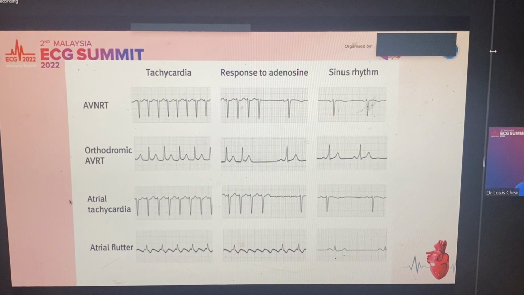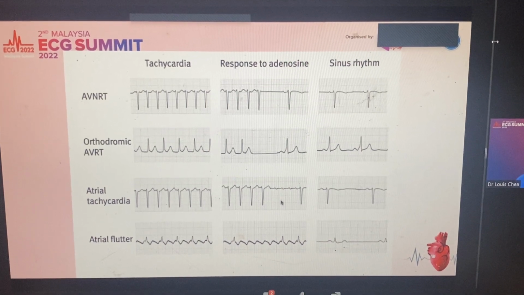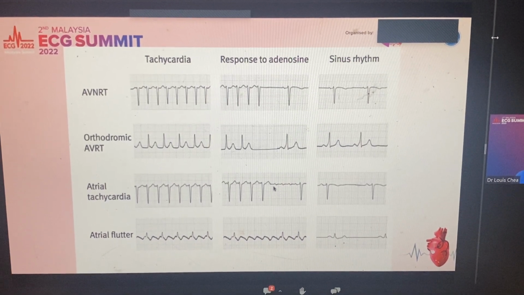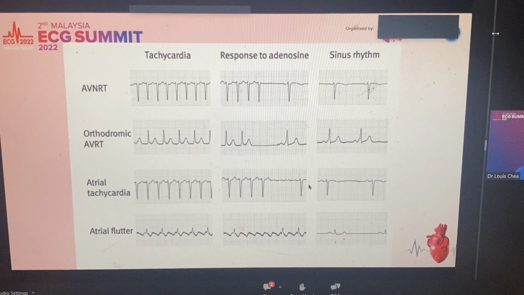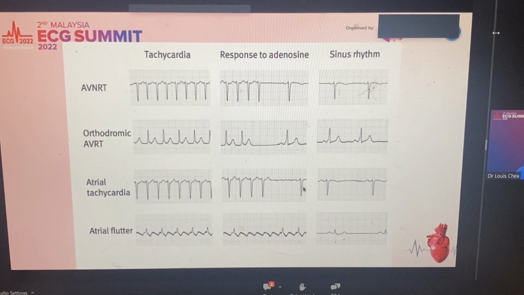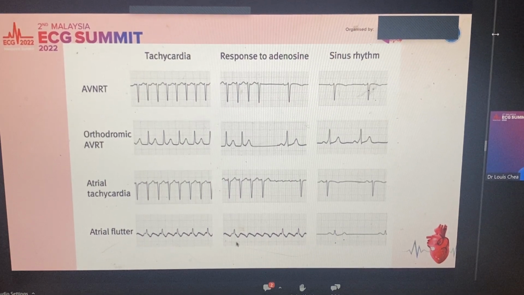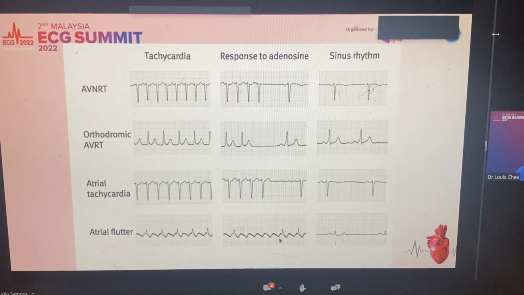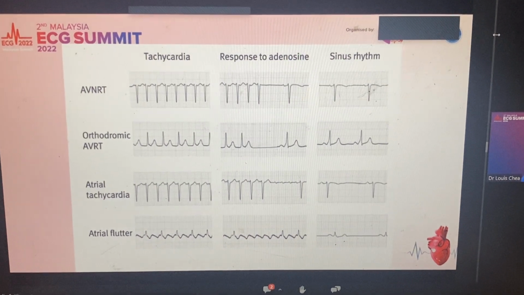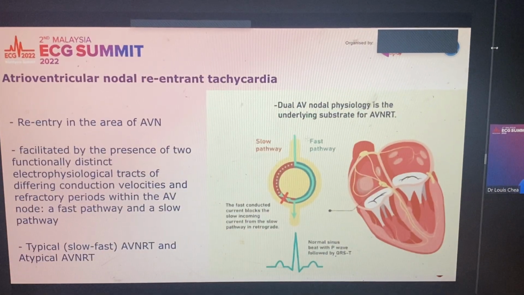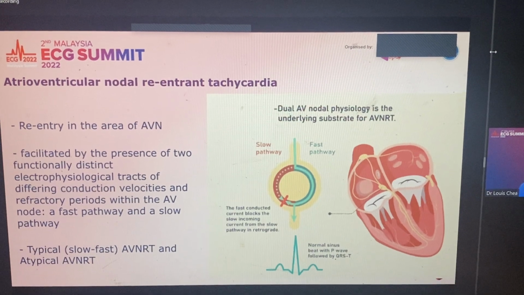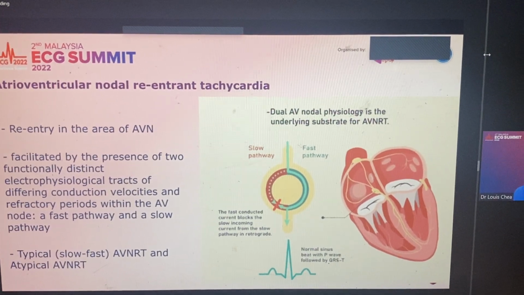If you give adenosine for atrial tachycardia, you will see the P wave marching on, with resumption of sinus tachycardia or resumption of atrial tachycardia after the adenosine effect wears off. And if it's atrial flutter, usually you will see the flutter waves marching on as well, which I will show you an example of later.